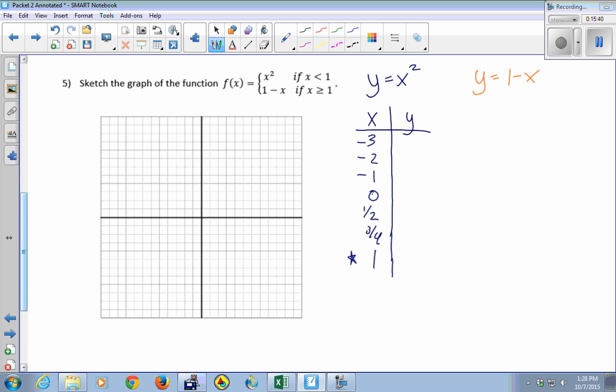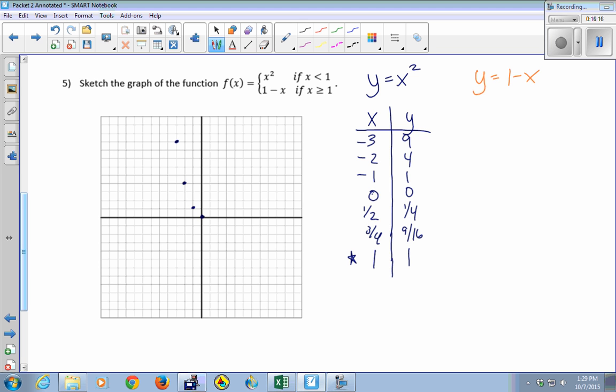All right, so if I take each of these x values and plug into my formula, I just square them. So I'm going to get 9, 4, 1, 0, 1/4, 9/16, 1. And I'll plot them. So let's see, -3, 9. -2, 4. -1, 1, 0, 0.